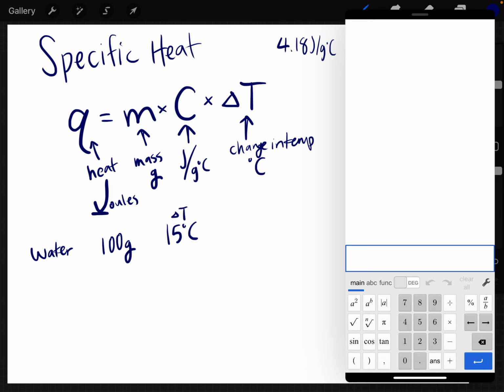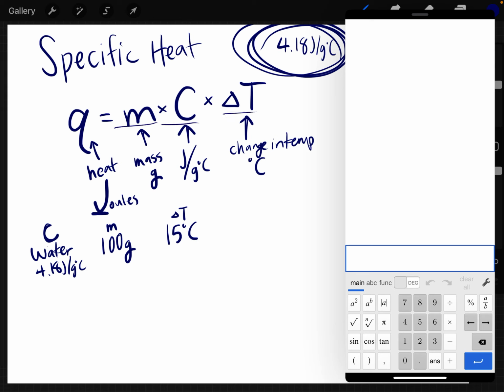So we know that our delta T is 15 degrees Celsius, our mass is 100 grams, and then we are given water. The specific heat of just plain water is 4.18 joules per gram degrees Celsius, so that's our C. So we have everything here, right? We have M, we have C, we have delta T, but we do not have Q, and they're asking for how much heat.